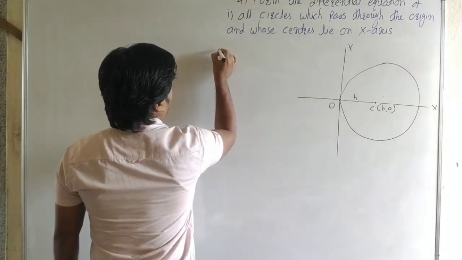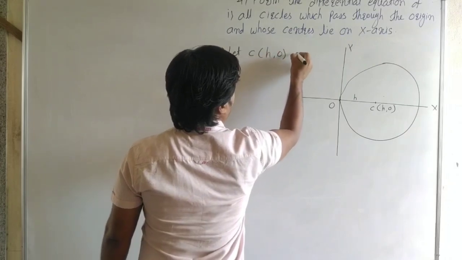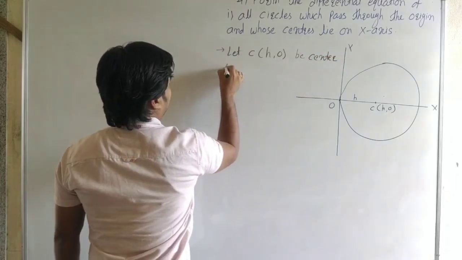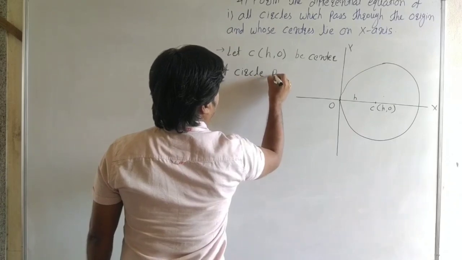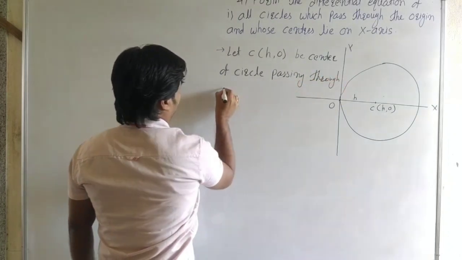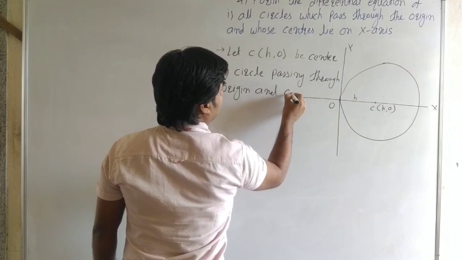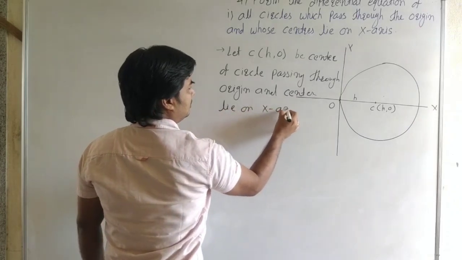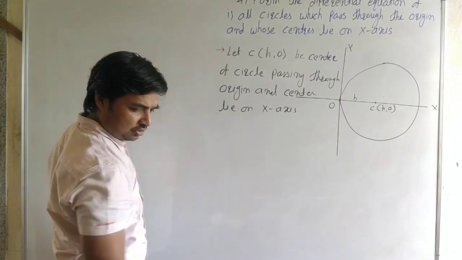Now the solution. Let C(h, 0) be the center of the circle passing through the origin and the center lies on the x-axis. Therefore, the equation of the circle: first we need the radius of the circle.